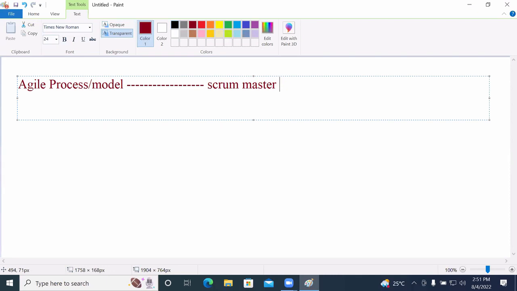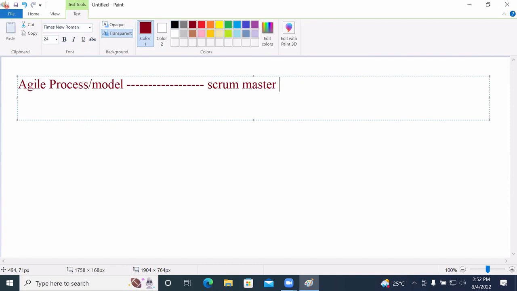As simple as, in case of waterfall model or V model, we consider the BA. The same thing, when it comes to Agile, we mention as the Scrum Master.